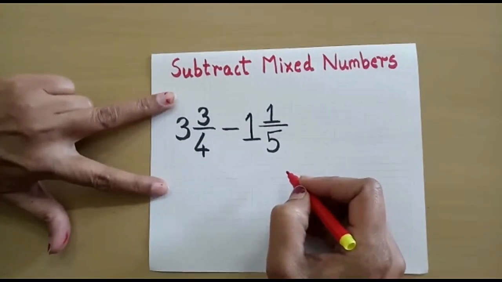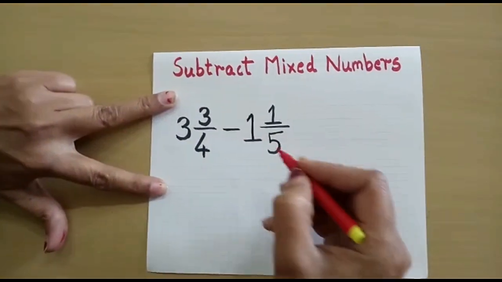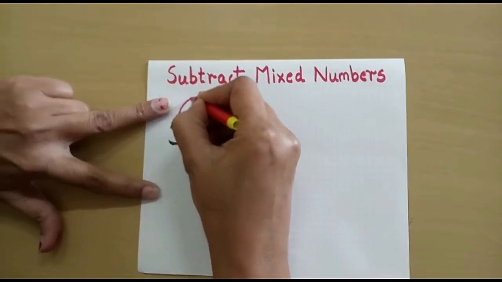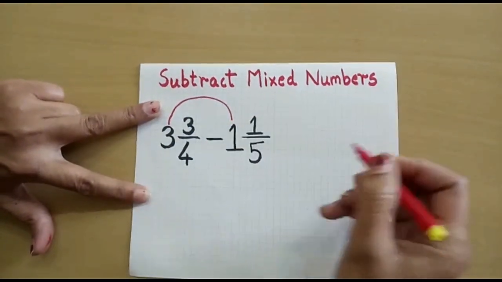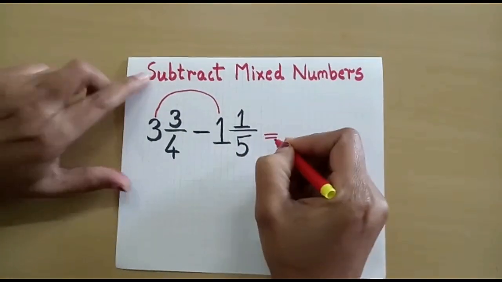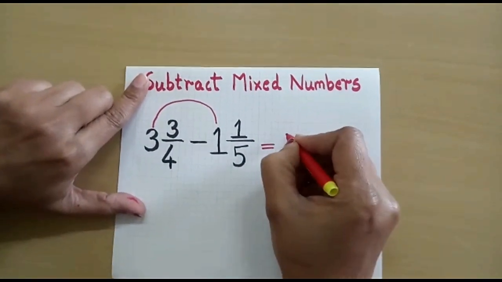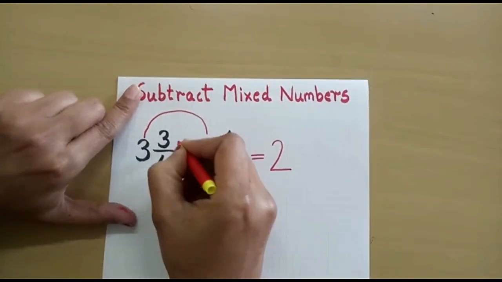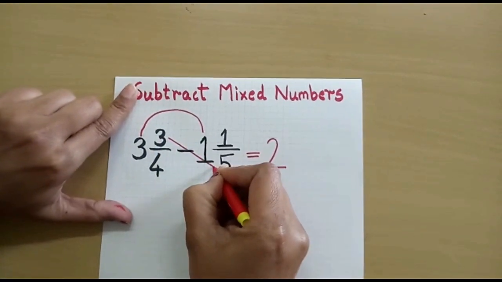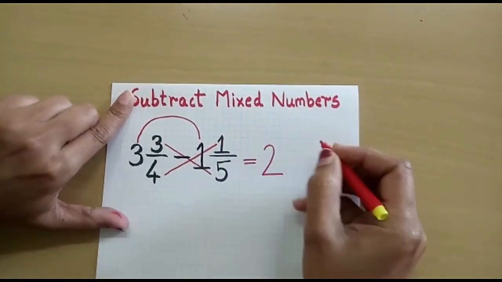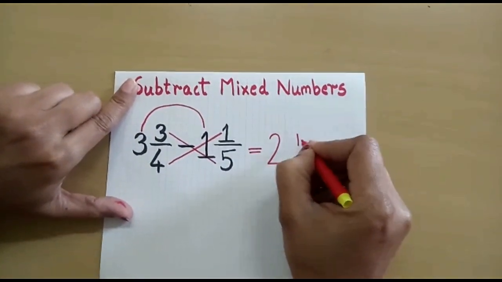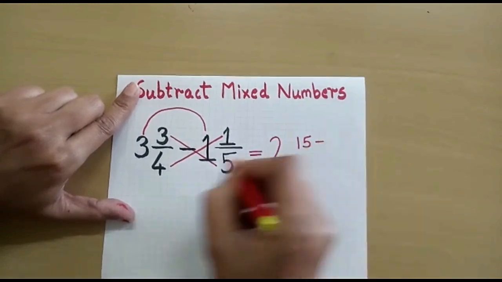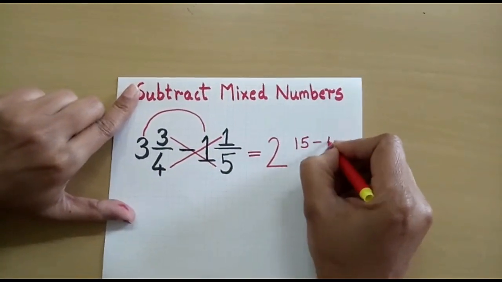The subtraction method for mixed numbers. For this, you first subtract the two integers, and we get the integer as 2. Then we cross multiply these two numbers: 3 5s are 15 minus 4 1s are 4.